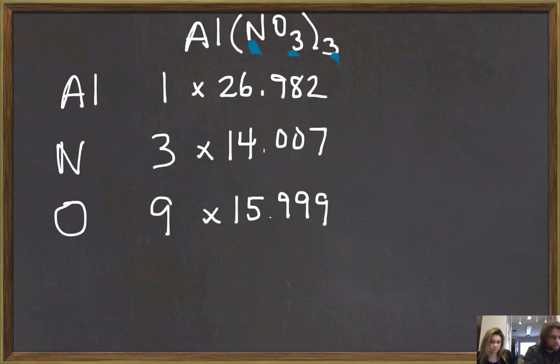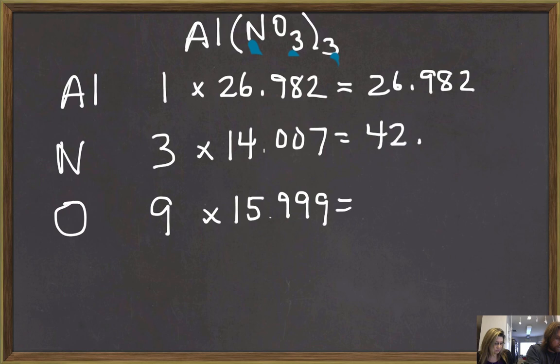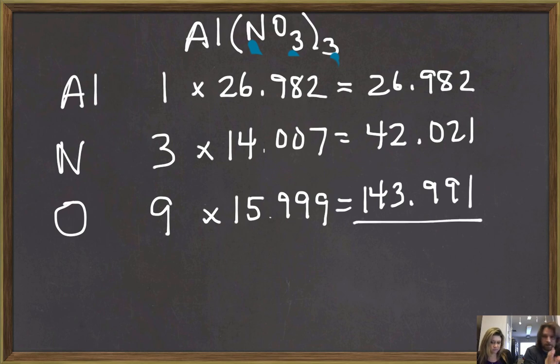Again, I got these off the periodic table. Let's do our multiplication here for everything. This is just 26.982. 3 times 14.007 is 42.021. And then 9 times 15.999 would be 143.991. Lots of decimals, lots of numbers, but you guys can keep it straight.